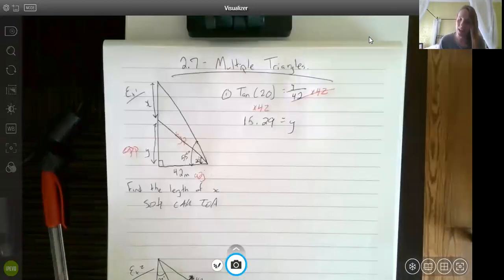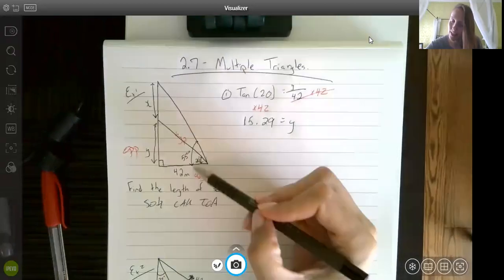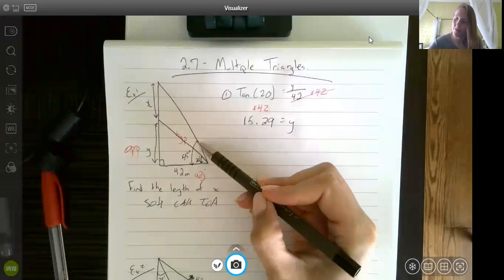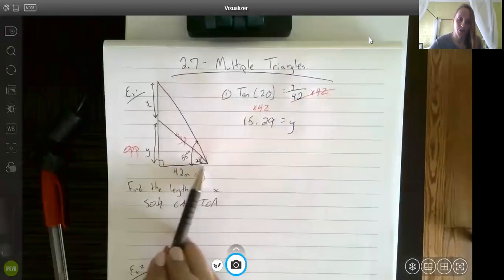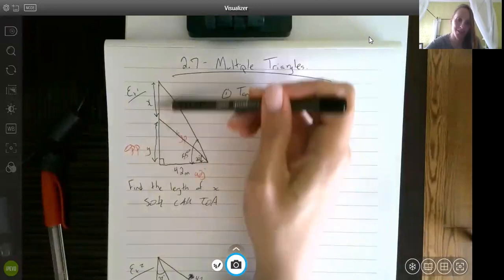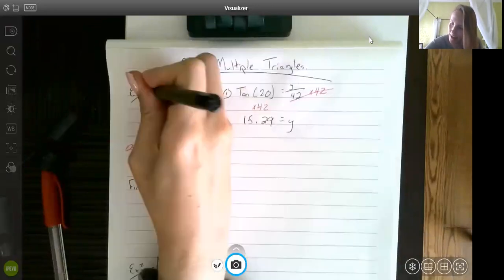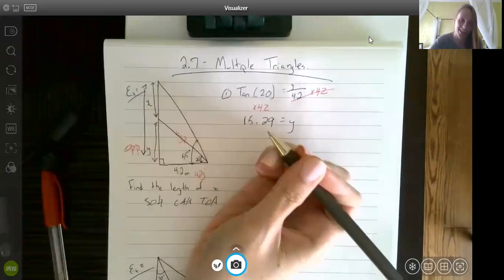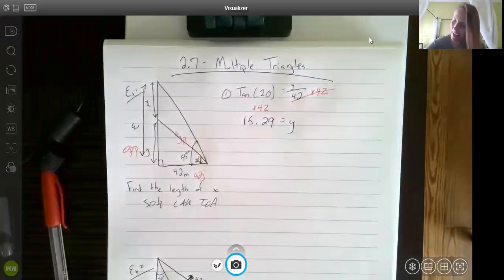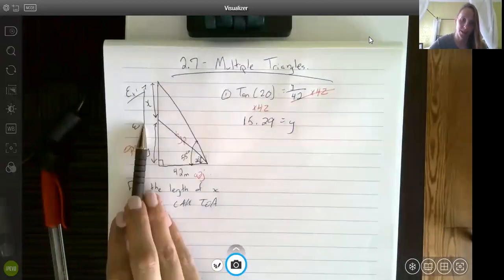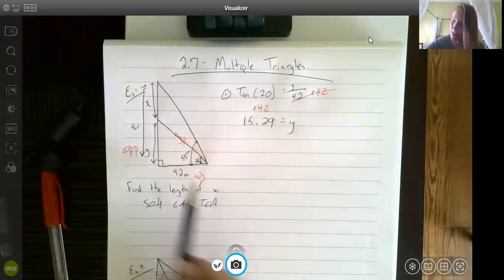Okay, my second step is now going to be to use this entire angle of 55 degrees, the adjacent side of 42, and this entire opposite side over here. The entire opposite side, I'm going to call W. Again, because my angle is kind of in the same spot, W is the opposite side, 42 is still adjacent.